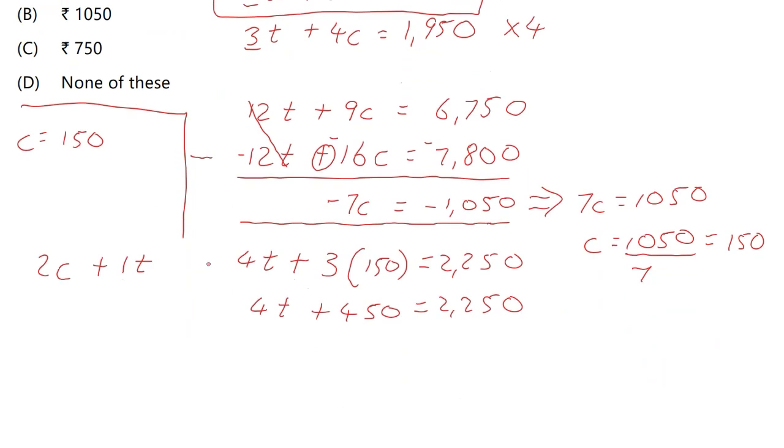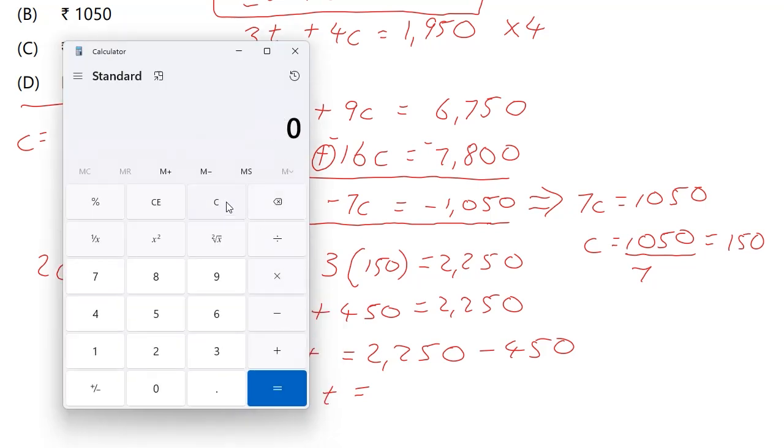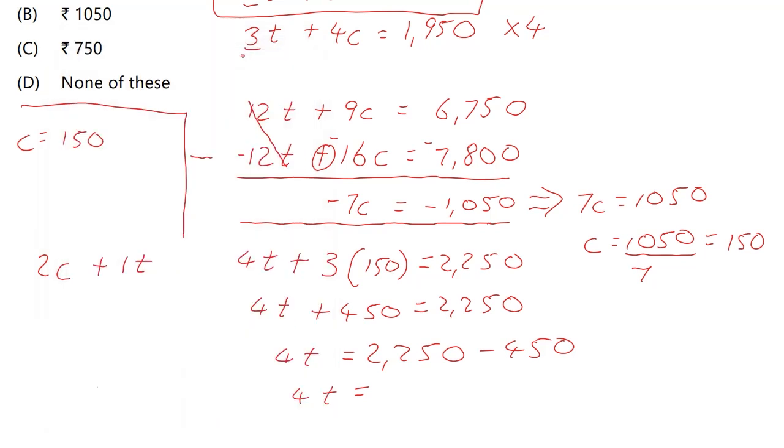This 450 is addition, it goes to that side and becomes subtraction. So 4t is equal to 2,250 minus 450, which gives me 1,800.